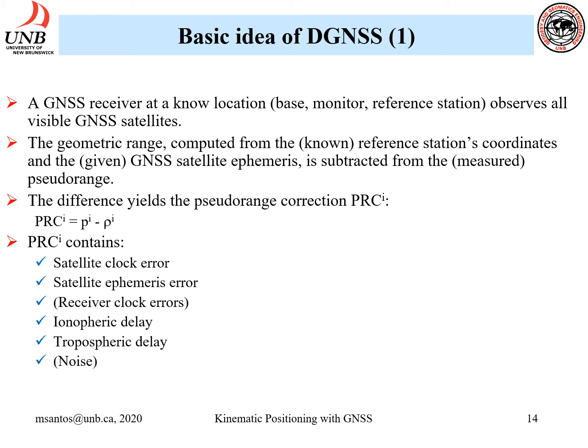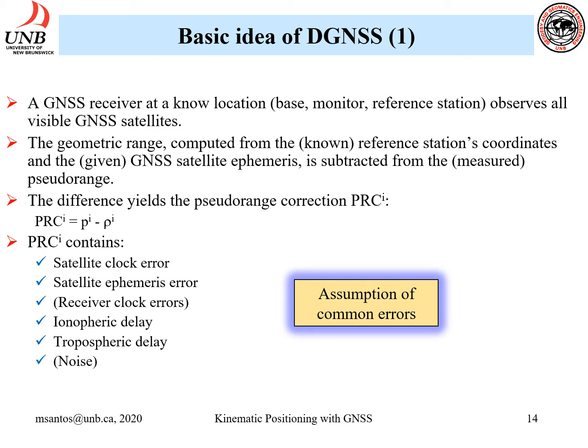It contains the receiver clock error of receiver A. It contains ionospheric delay, tropospheric delay, and the receiver noise from receiver A. What happens here is that we are making an assumption: that the pseudoranges observed by receiver A and by receiver B will have common errors.